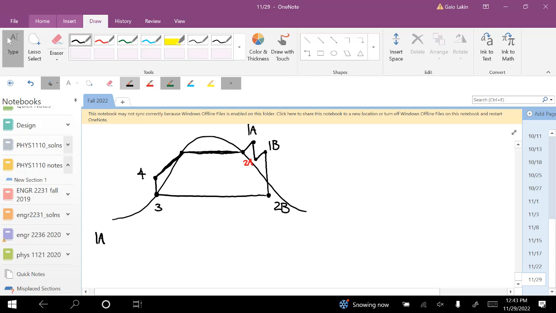So let's write out these states. There's state 1A, 1B, 1A to 2A, to 1B, to 2B, to 3, to 4.